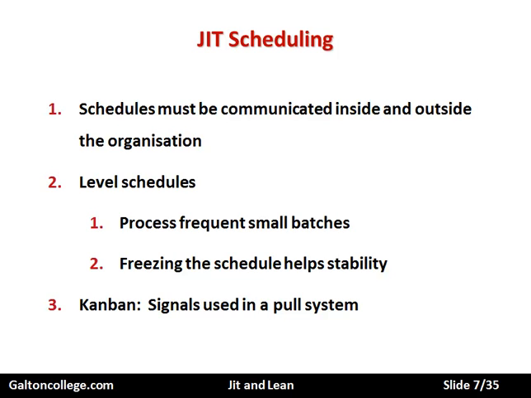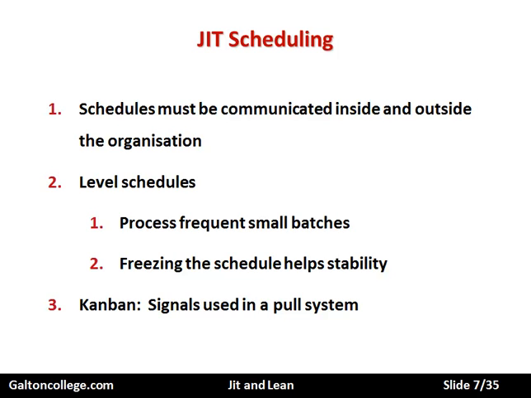So in a sense, it's been a big expenditure with no revenue. The company has done it in anticipation of a revenue in the future, in anticipation of demand. So that's the essence of a push system. And in the context of what we're dealing with here, JIT and Lean production, most of the concerns are with a pull system.